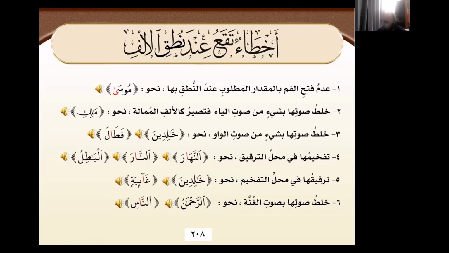Musa. What he's talking about, he says, for example, instead of saying Musa, look at my mouth, Musa, you would say Musa, Musa. Can you see my mouth is more flat? It's flatter. It shouldn't be Musa like this, otherwise you make it emphatic. No, it should be in the middle.